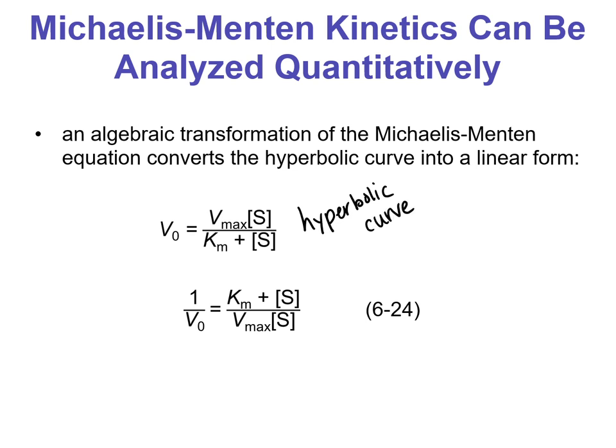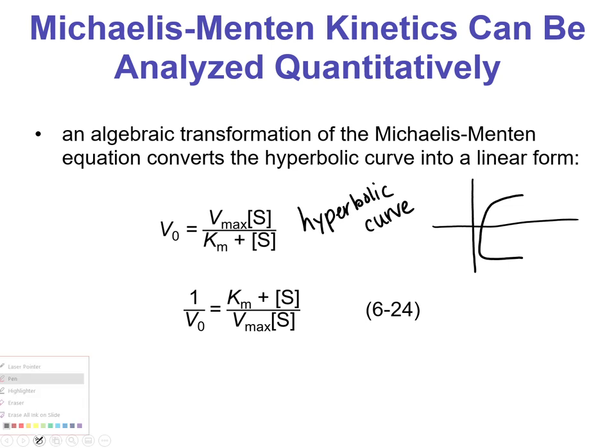The other half of the curve is underneath the x-axis, so it actually looks kind of like that. But we don't actually concern ourselves with this part. Okay. You can actually just do the inverse of the Michaelis-Menten equation to get a linear form.